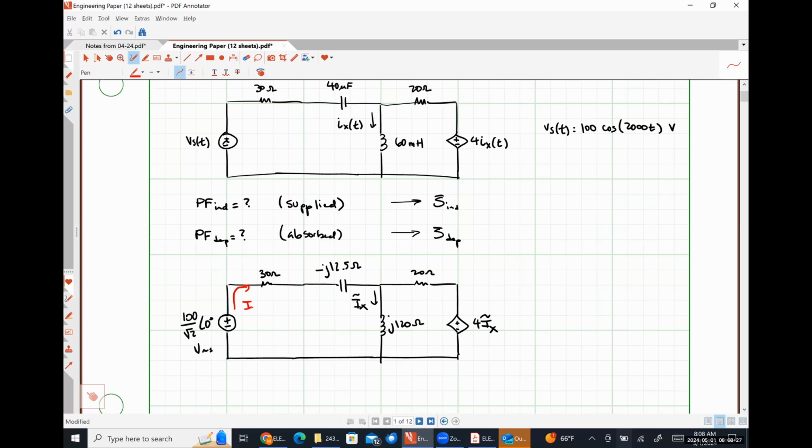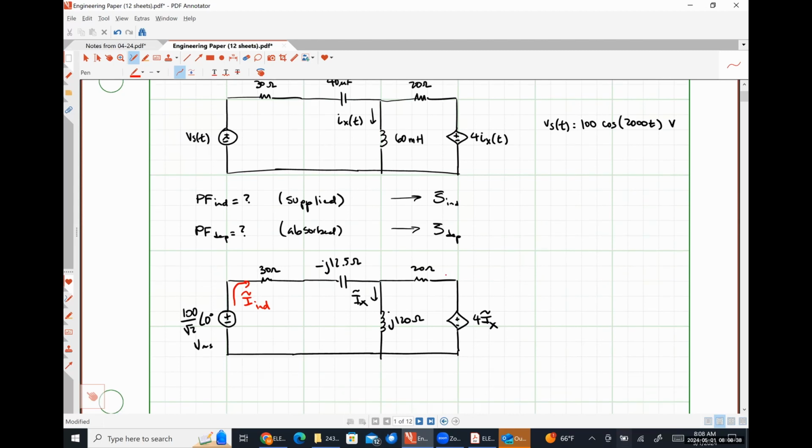I'm going to call this current I independent, like so. And in order to find the complex power absorbed by our dependent source, we need to be able to figure out what the RMS phasor current flowing into the positive polarity terminal is. So I'm going to call this I dependent, like so.